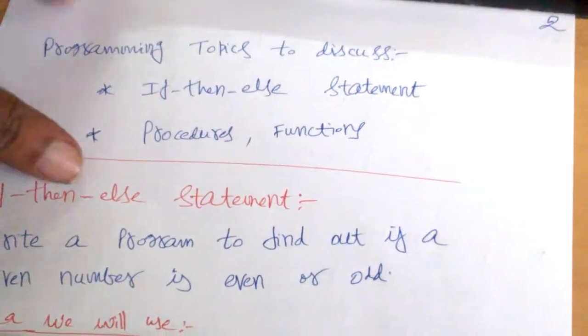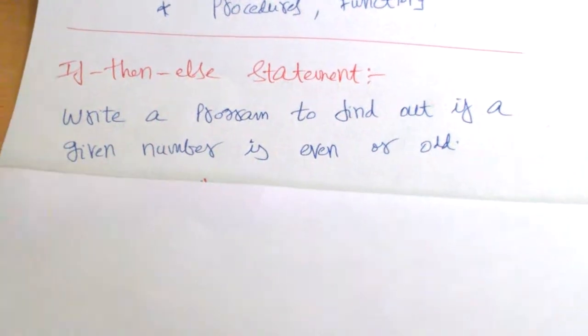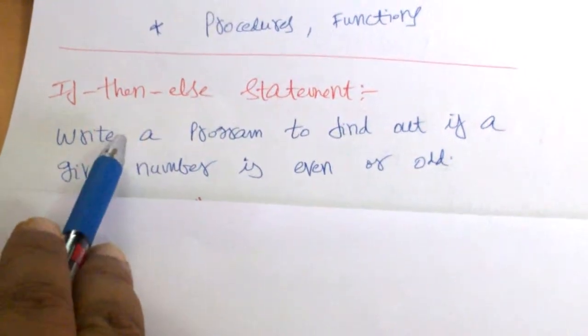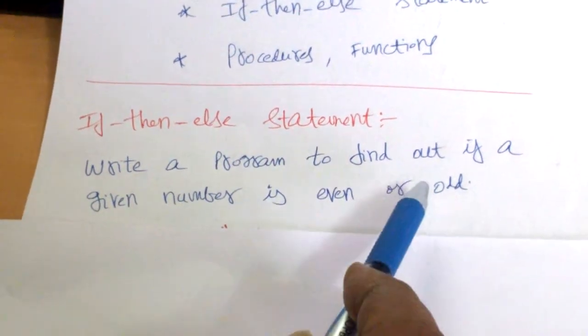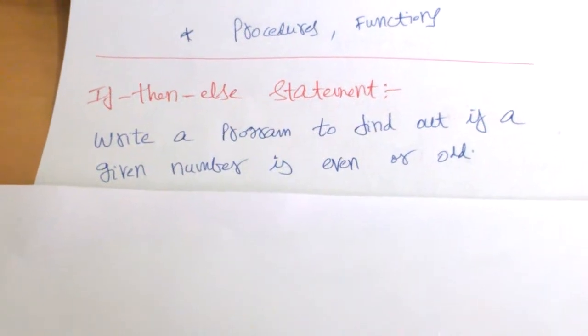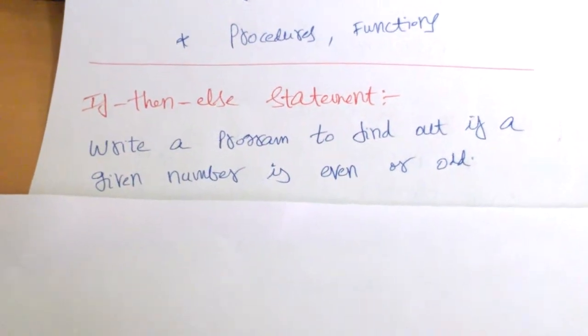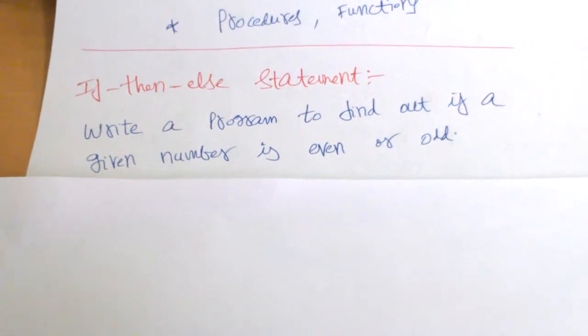Now, we'll continue with the if then else statement. We'll write a program which will find out if a given number n is even or odd. Before we rush into writing any program, we need to pause a little to understand the idea behind it.